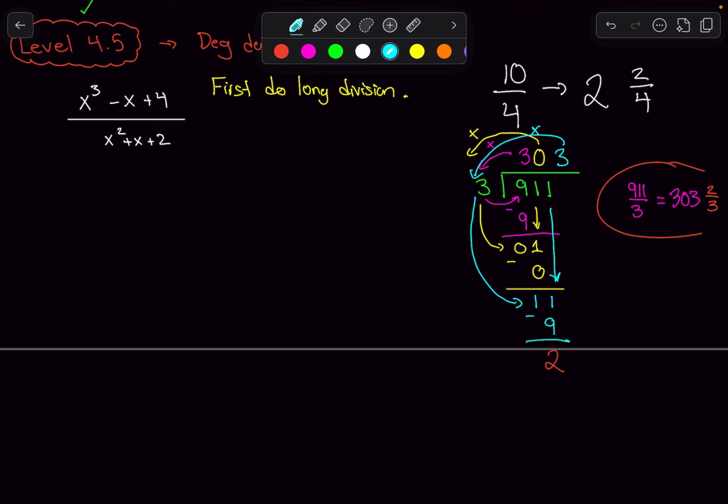And so this works the exact same way for polynomials. So if I were to do this polynomial long division, I'm going to put x squared plus x plus 2 right there. And then on the right-hand side here, we're going to put the x cubed minus x plus 4. All right, now, the thing that's a slight bit different is that there's a lot of stuff here on the left that we're trying to divide into a lot of stuff here on the right.